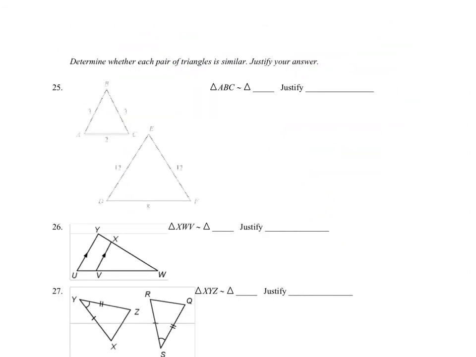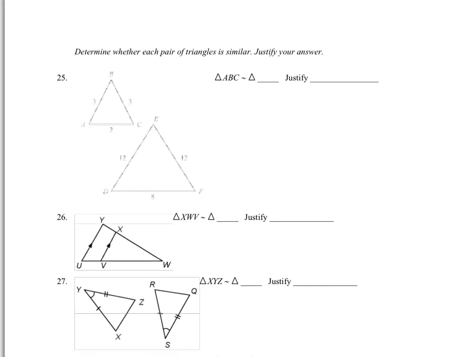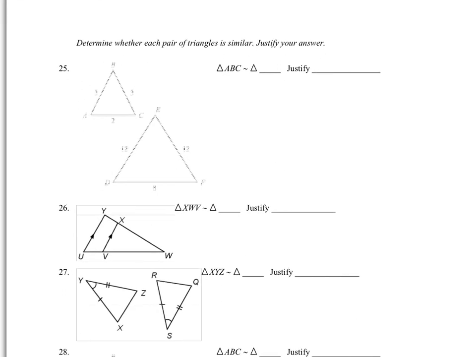Alright, determine whether each pair of triangles is similar. Well, we're going to have to see if the sides are proportional. So, 3 over 12, looking at this, is equal to 1/4.